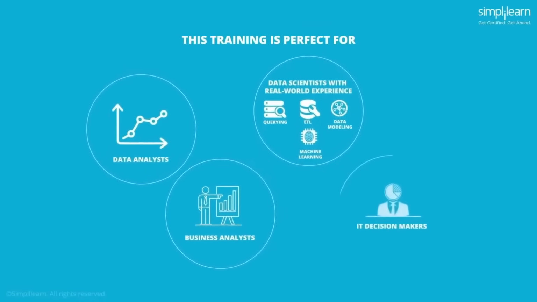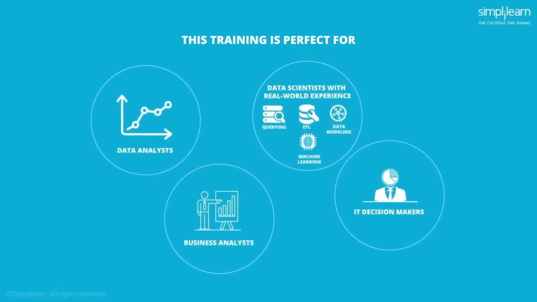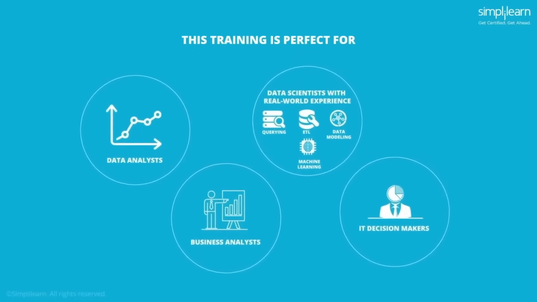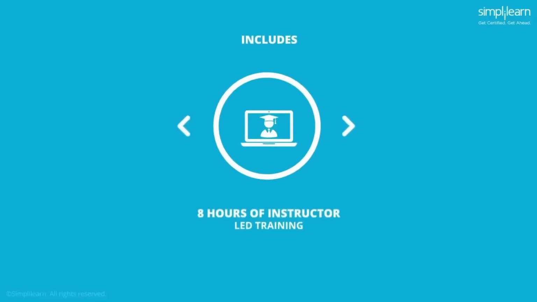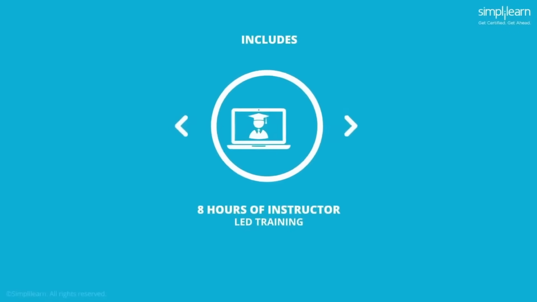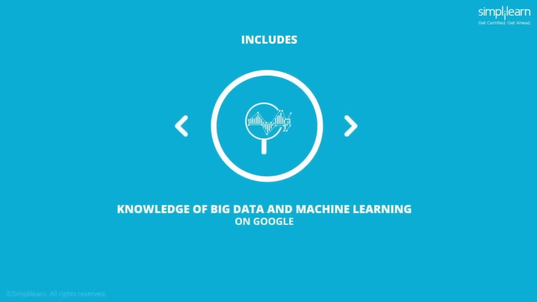IT decision makers evaluating the Google Cloud Platform have also found the training very useful. The course includes 8 hours of instructor-led training, with modules on big data and machine learning with the Google Cloud.